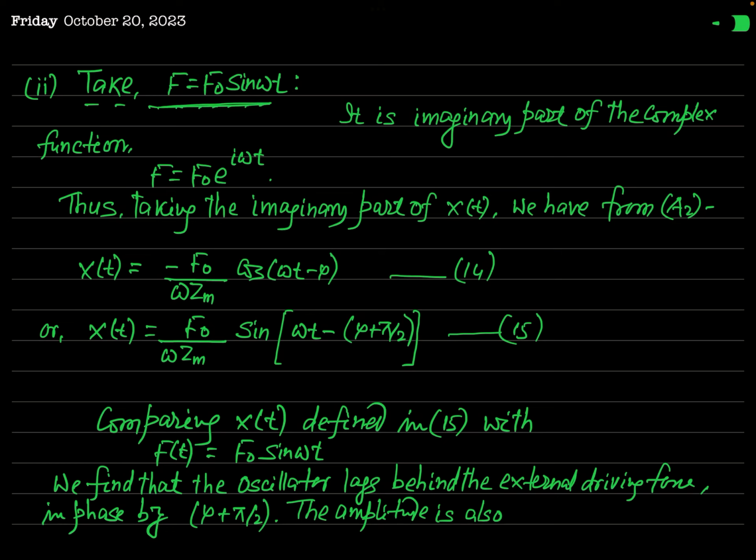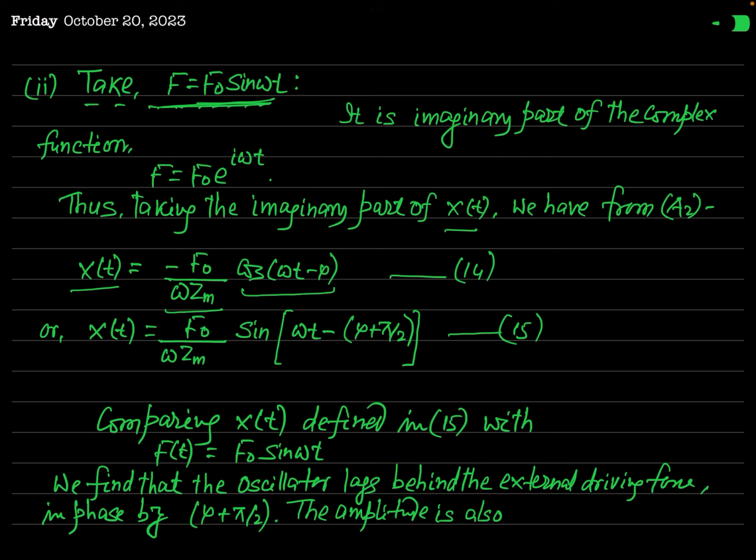I have written it here that taking the imaginary part of x(t), we have from that equation A2, x of t equal to minus F naught over omega Zm times cos(omega t minus phi). This is the steady state solution or the particular integral if you write the applied force in this form, F naught sine omega t.